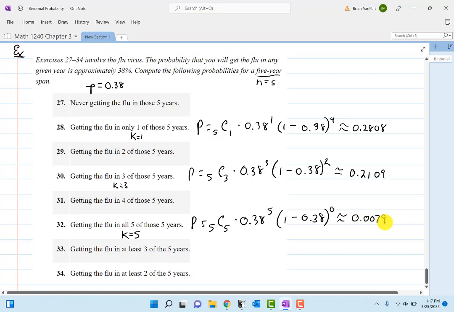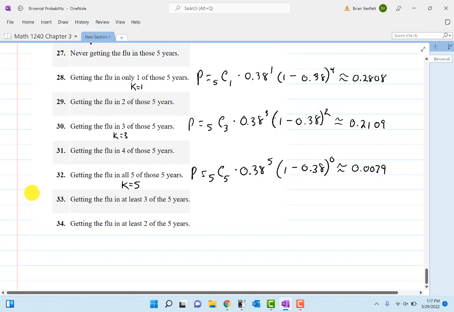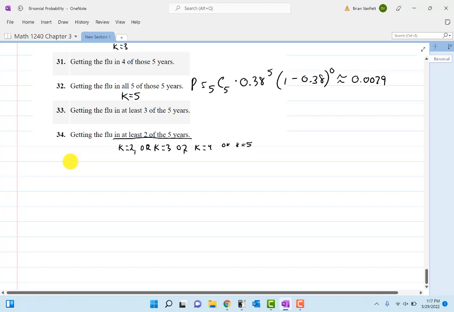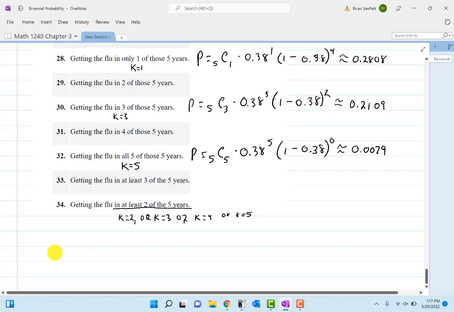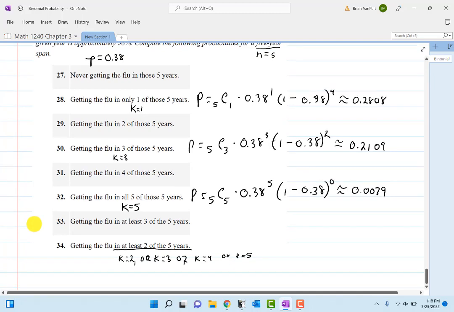So that takes care of the more straightforward ones. Number 34 is a little bit different here. Now, 2 of the last 5 years, getting the flu in at least 2 of the last 5 years. So we need to look at k equals 2, or k equals 3, or k equals 4, or k equals 5. So for that then, let me do, we didn't do 2, did we? We didn't do 4 either.